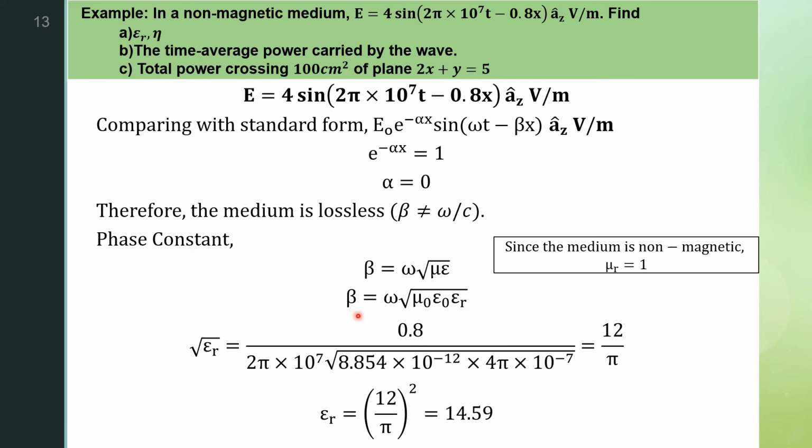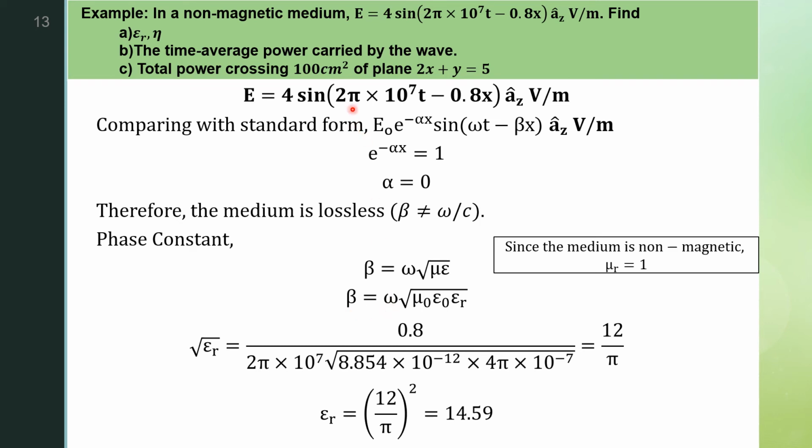So we have beta is equal to omega root of mu 0 epsilon r. Now, what is beta? Just comparing with the standard expression, it is sin(omega t minus beta x). So here it is minus 0.8x. That means beta is equal to 0.8. So here we know what beta is. Beta is 0.8. That is known to us.